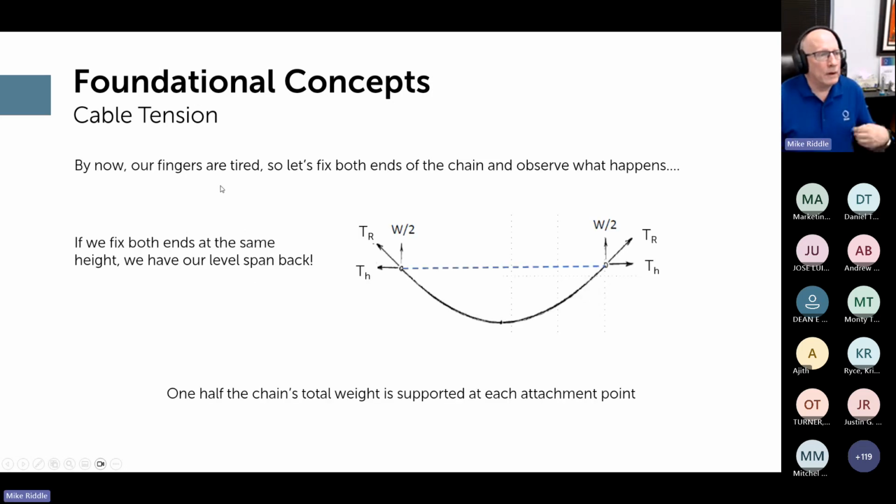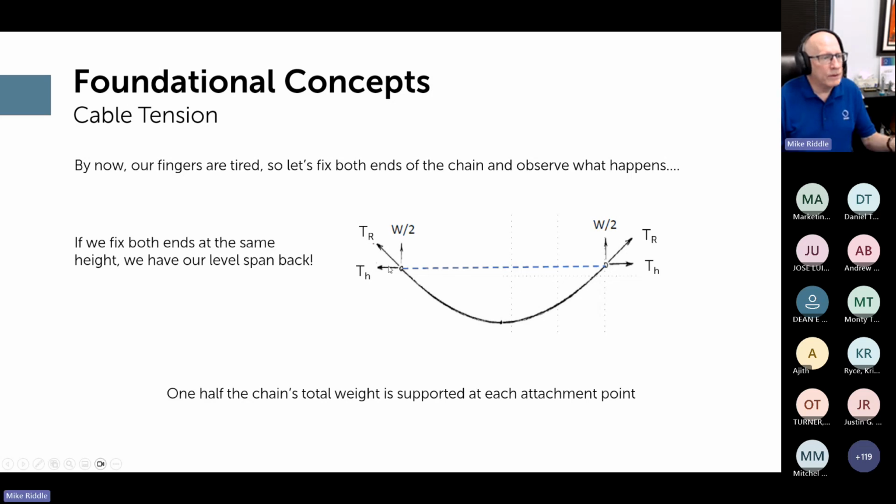So now let's fix both ends of the cable and let's see what happens. We have our level span back, and then what we find is half of the weight of the cable is supported at one attachment point and the other half is supported at the other.